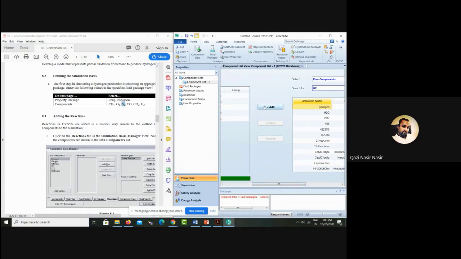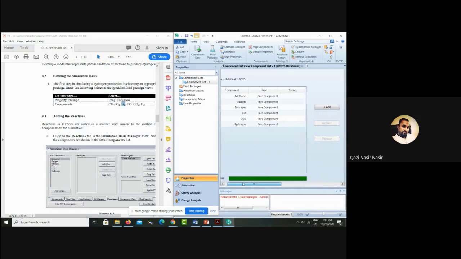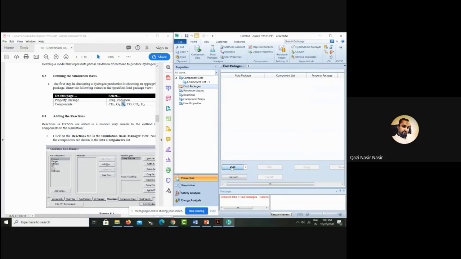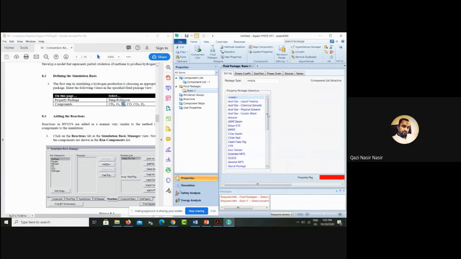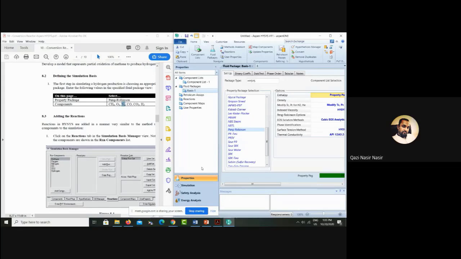Add all these. How many components did we add? Six components. Then the fluid package will be the Peng-Robinson equation of state.